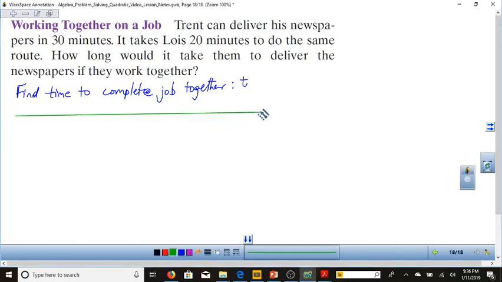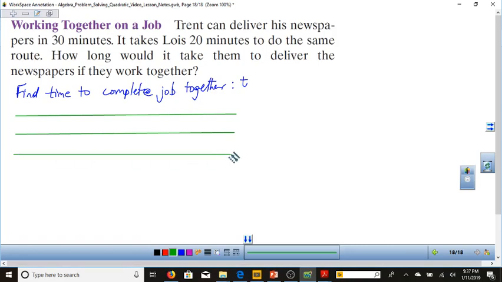Now, let's do a little table to help us to organize our information. The first column of the table will be who's working. That would be the type of person. So we're talking about two people and then both of them together. So we'll have a row for Trent, a row for Lois, and a row for them working together.